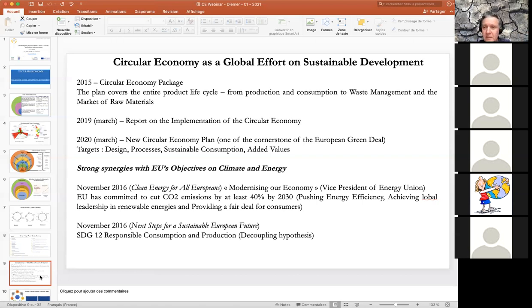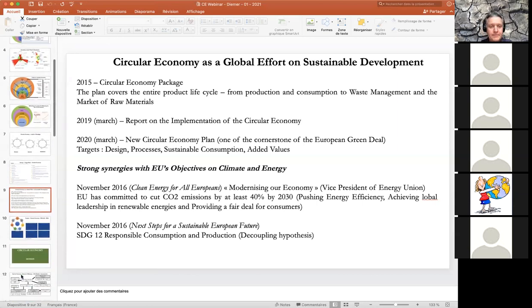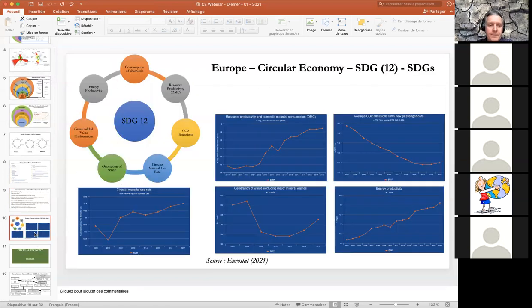And we believe today that SDG 12 is connecting. And I would like to show you that it's not only SDG 12, it's all the SDGs. And so if you want to do this, we have to measure and maybe use the targets and indicators from the SDGs.